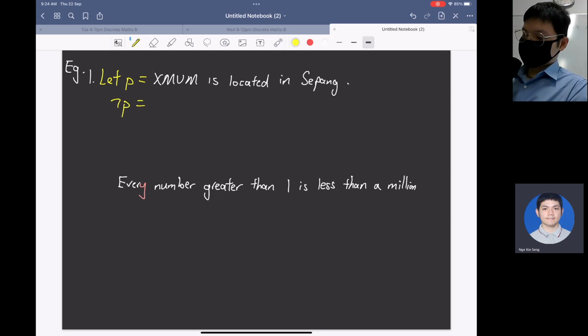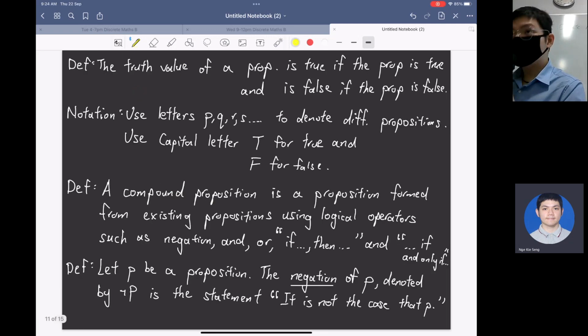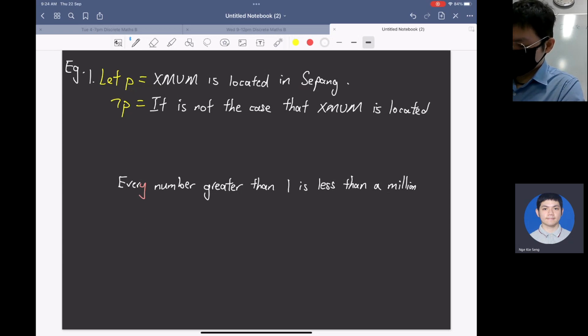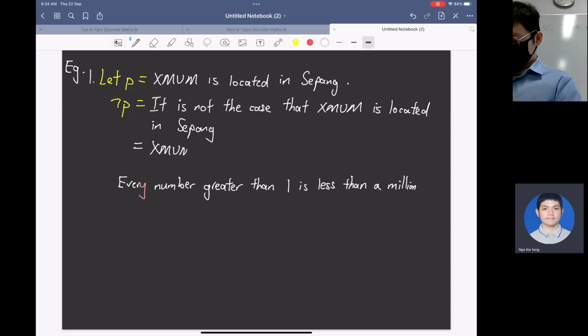What's not P? It is not the case that Summer University is located in Japan. In other words, you can say that Summer University is not located in Japan.